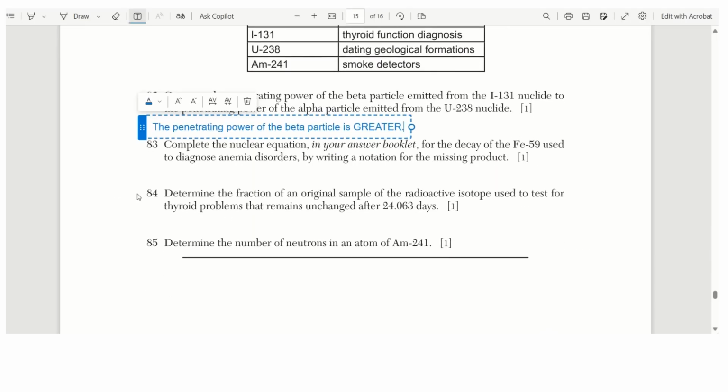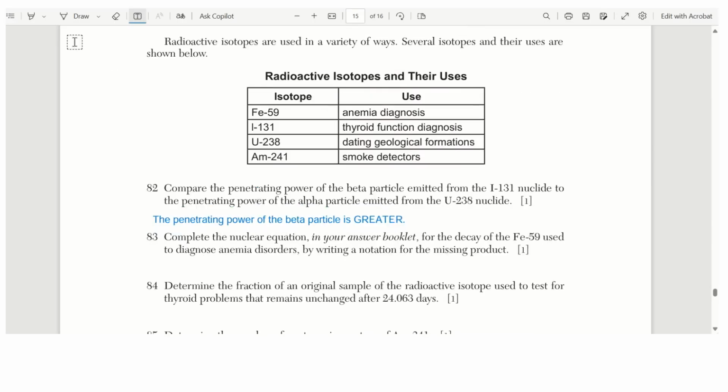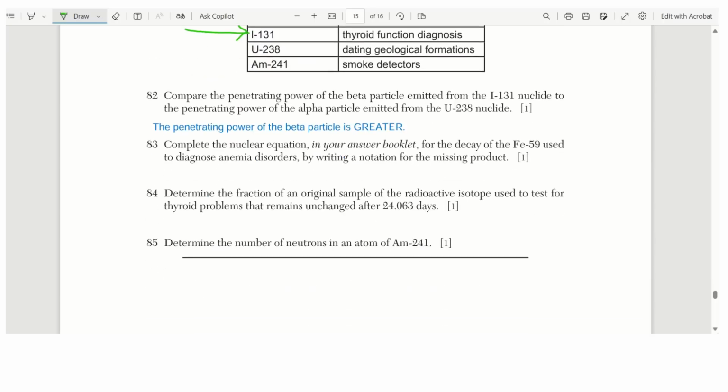Number 84, determine the fraction of the original sample of the radioactive isotope used to test for thyroid problems that remains unchanged after 24.063 days. Well, I didn't even have to remember it. Look, it says that's the one that's used for thyroid, right? And determine the fraction. So let's just go through.